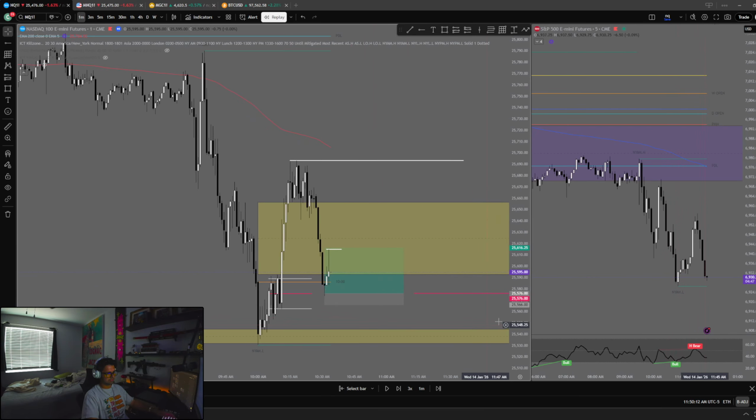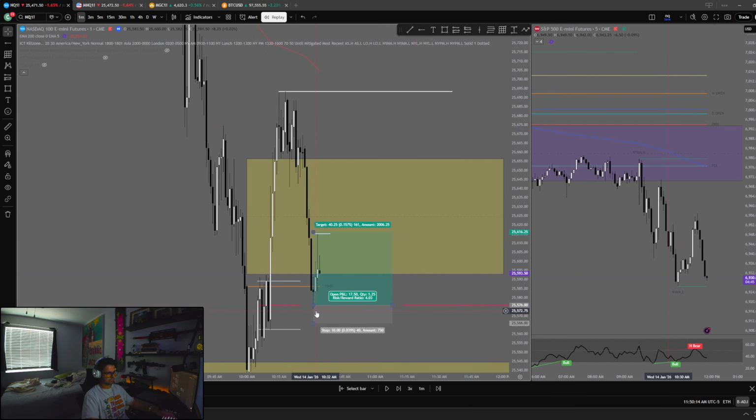So we come into it, right? We have a strong rejection off it, which I really did like. But then we respected this 1-minute fair value gap right here, which I did not like. And it caused this teetering price action, which was not completely ideal for any kind of trade, because when it's teetering like this, it can either go up or it can go down.